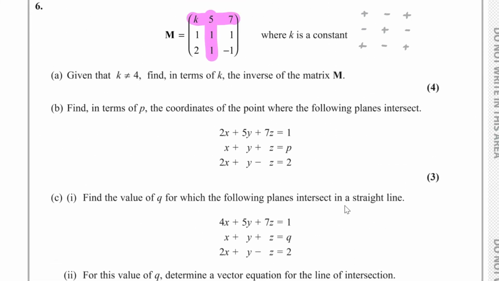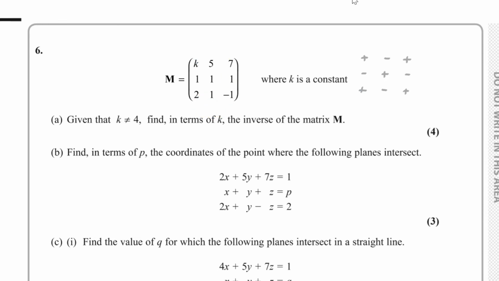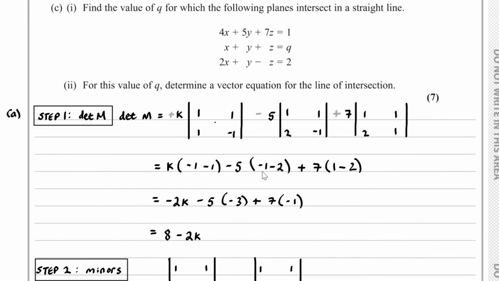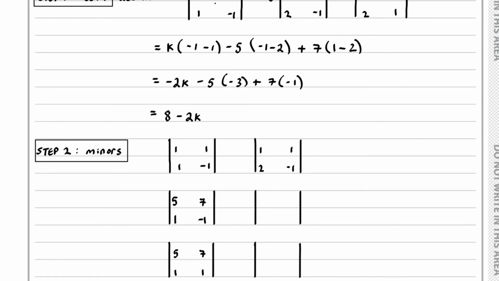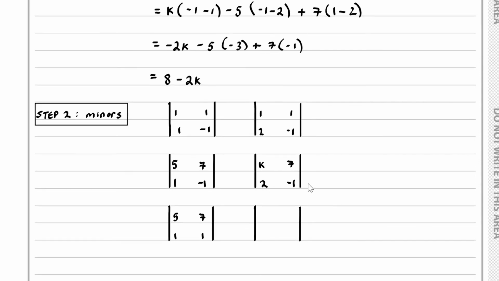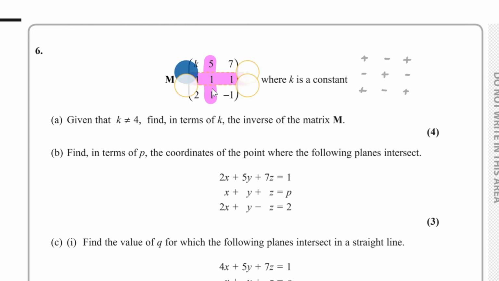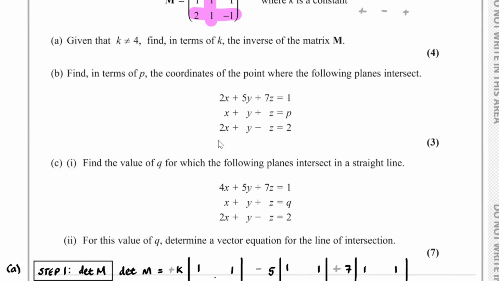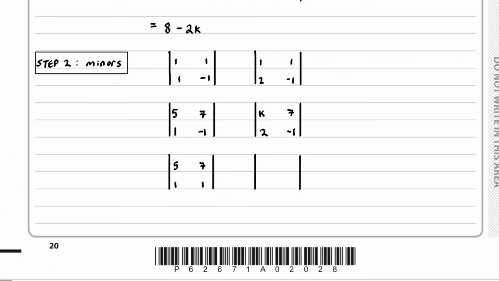Next, we cover up this column and this row, and then we take the determinant of what's left over. You can see what's left over is k, 7, 2, minus 1. We then cover up this column, this row, we take the determinant of what's left over. What's left over is k, 7, 1, 1.